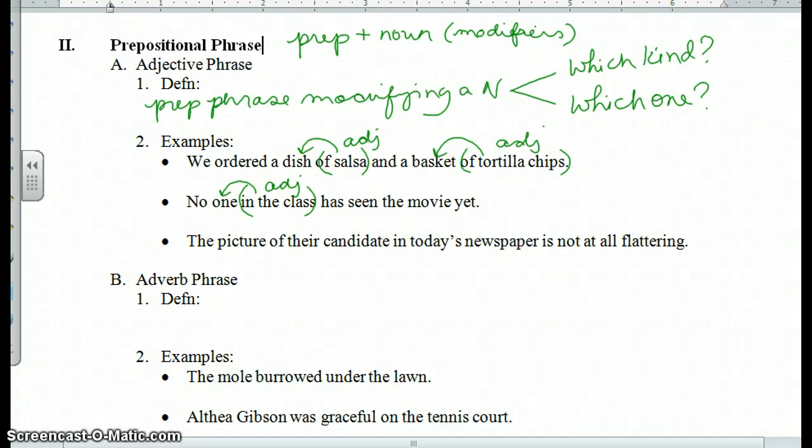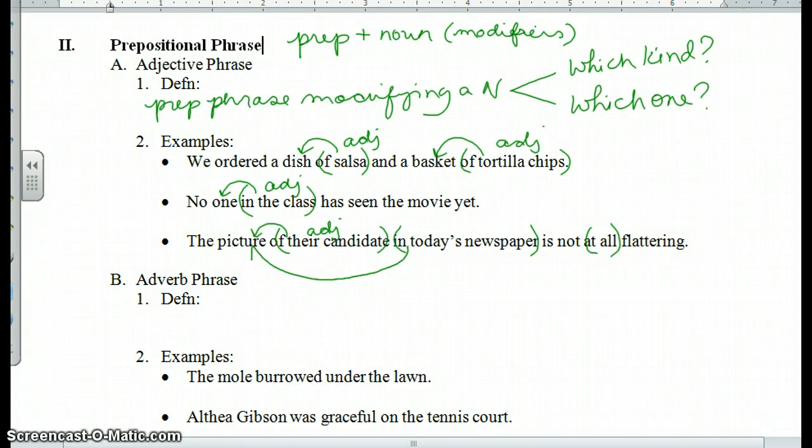The picture of their candidate in today's newspaper is not at all flattering. So, of their candidate, in today's newspaper, at all. Now, of their candidate is telling me more about the picture. So that makes this an adjective. In today's newspaper, does that tell me more about which candidate or which picture?